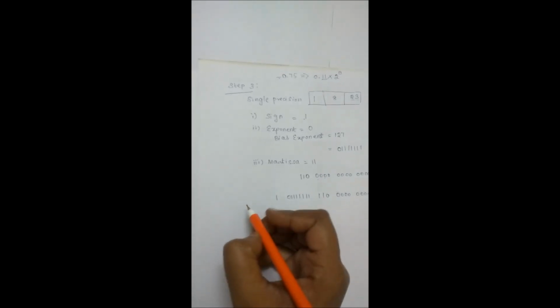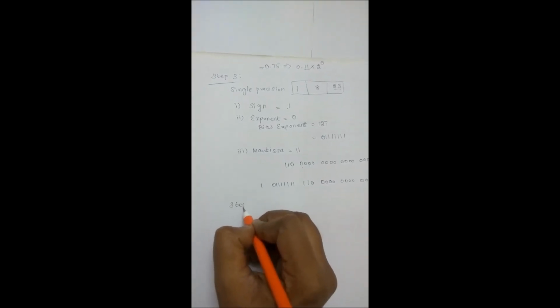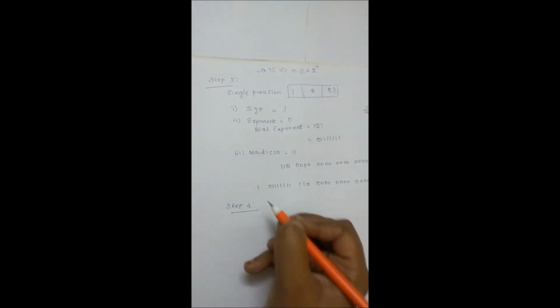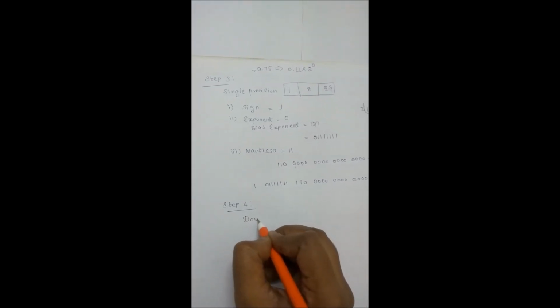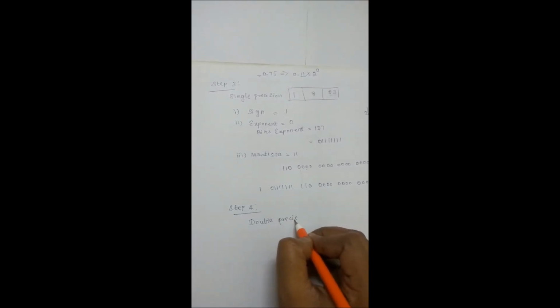Now we are going to calculate step 4, which is double precision. For double precision the format is a 1-bit sign field, an 11-bit exponent and a 52-bit mantissa part.